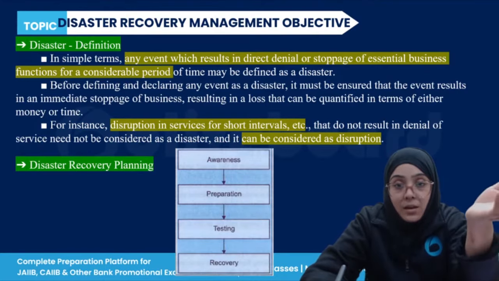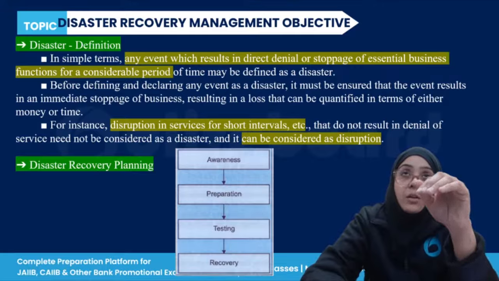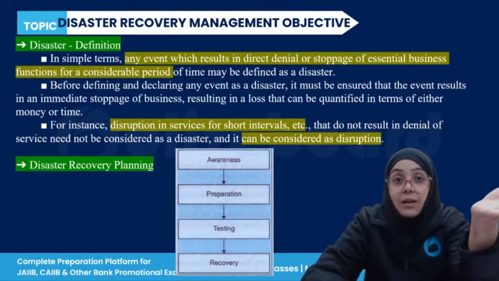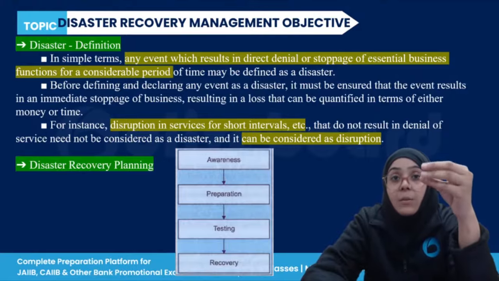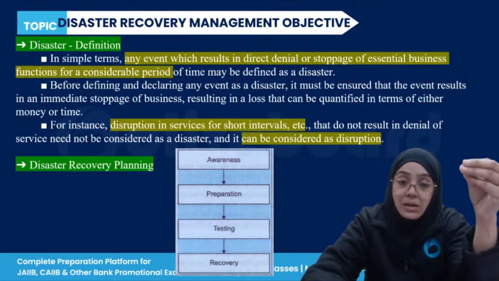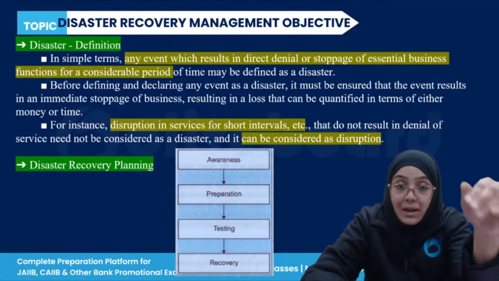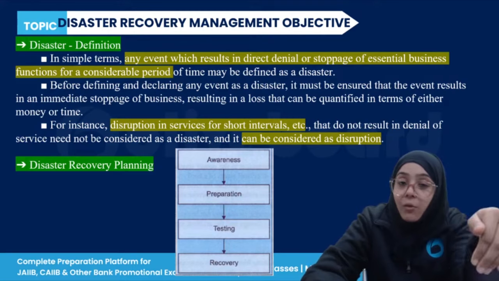For example, there is an electricity failure, and due to which there is a 2 hour interruption in the business activities, right? Then this is known as a disaster.